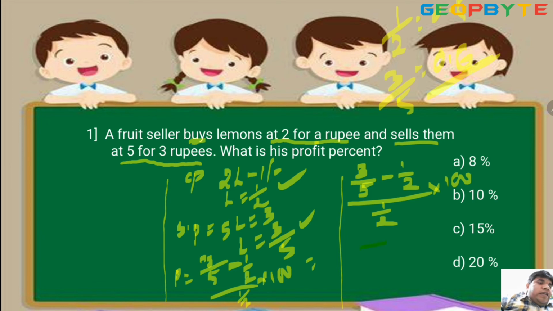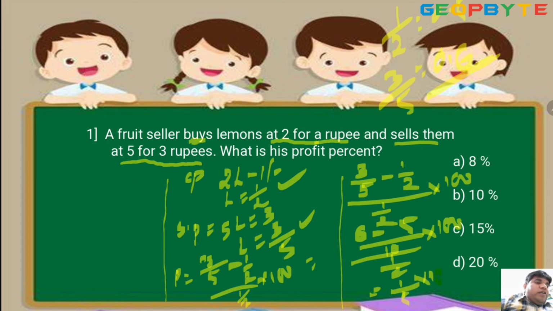So for the numerator, LCM 10, 6 minus 5 upon 10, upon 1 by 2, into 100. After that 1 by 5 into 100 after simplification. So answer 20%. This is one method.